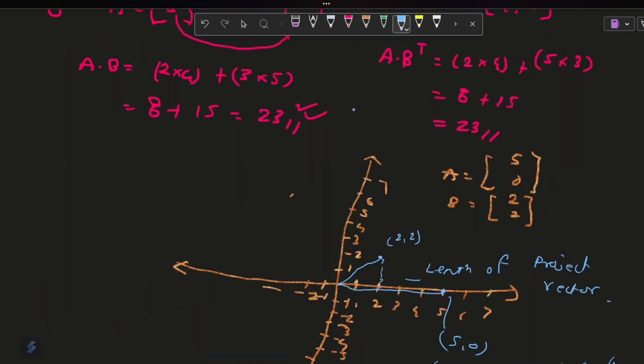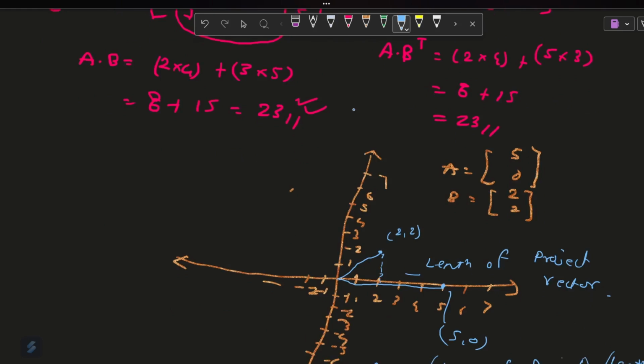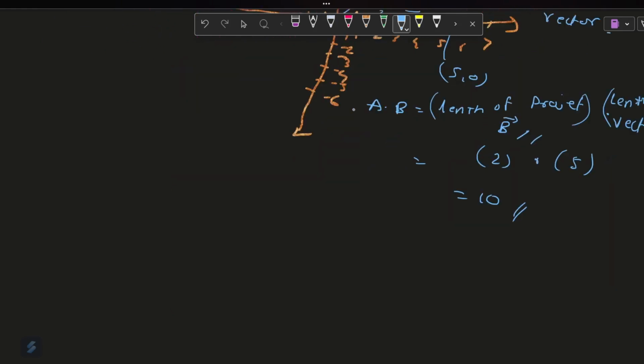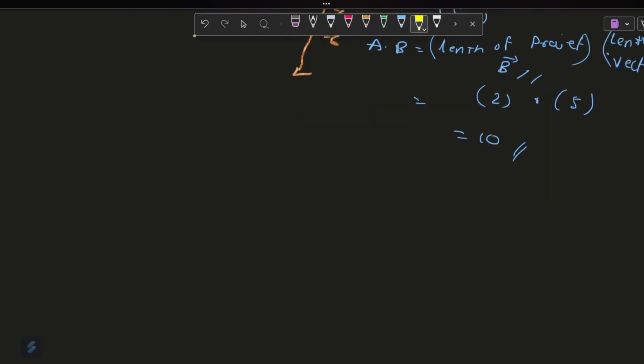But we are learning machine learning and data science, so in this video we understand a real-world application of dot product. The most common one is cosine similarity.